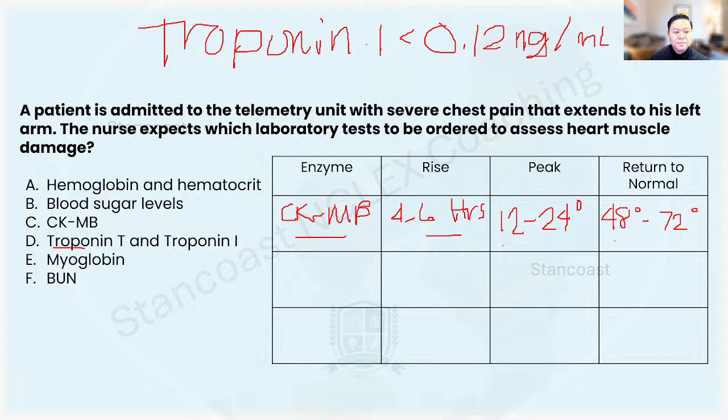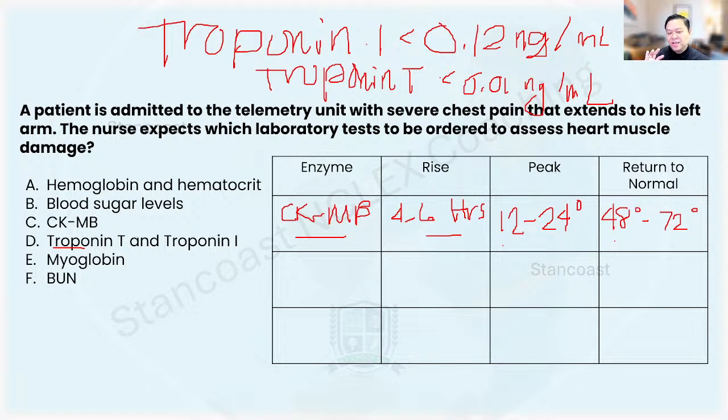Okay, and the troponin T, normally it should be less than 0.01 nanogram per ml. Anything above that value is going to be a suspicion that your patient might have some cardiac injury.